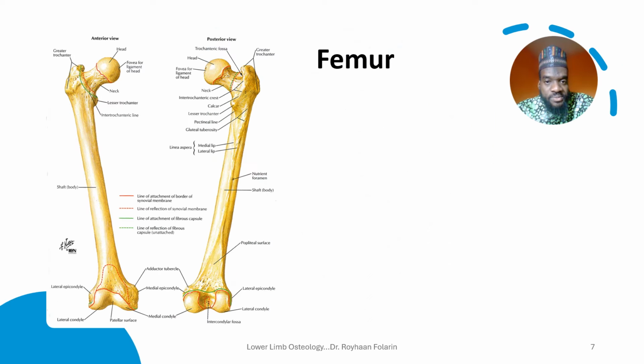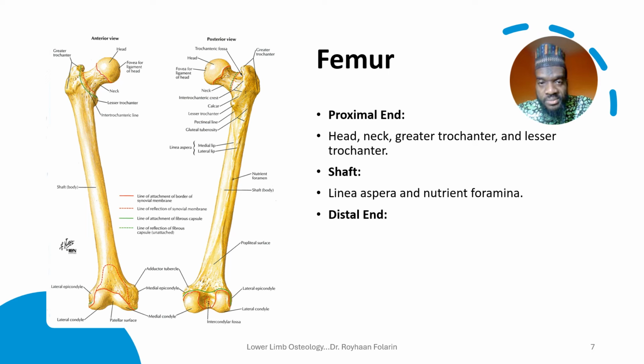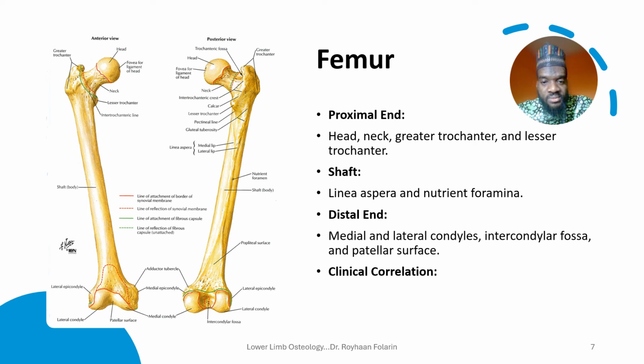So going forward, the femur is right here. We are going into the thigh region now, and the femur is the longest and strongest bone of the body. Proximally, it attaches to the acetabulum via its head right here, and it's supported by the neck, which is prone to fractures, especially in the elderly.